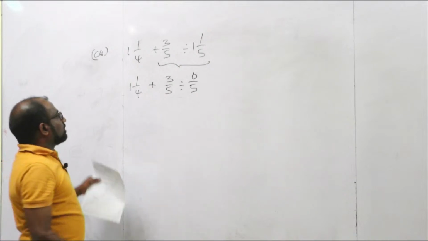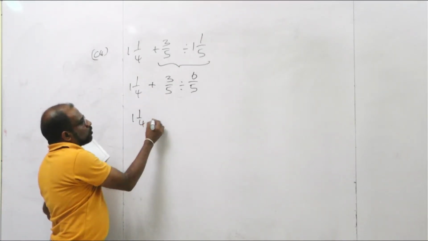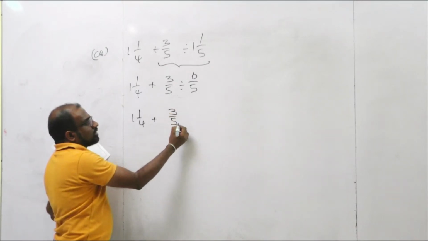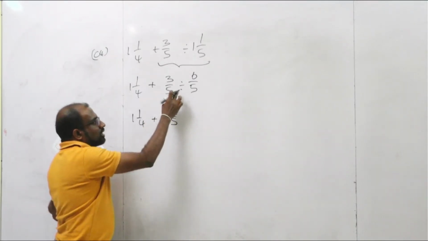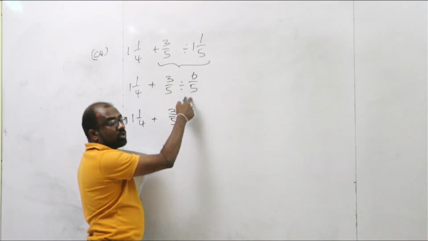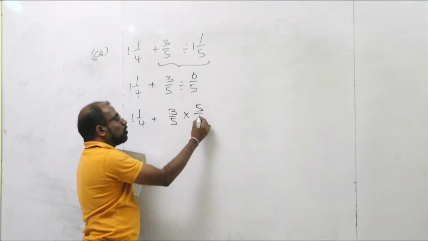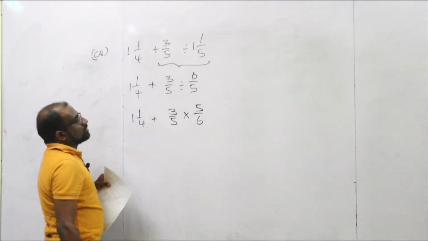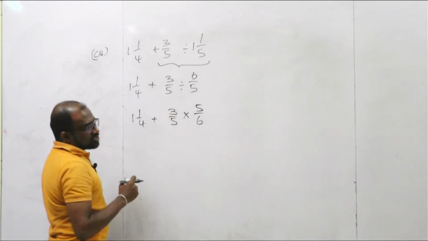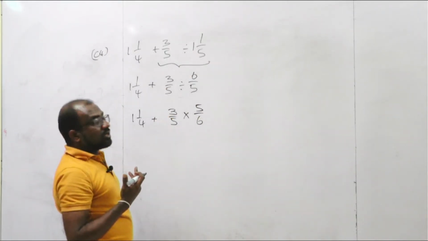Right. What do you do when you divide by fractions? First fraction doesn't change. Division becomes multiplication. 6 over 5 should be converted into its reciprocal, 5 over 6. Right? Dividing by 6 over 5 means multiplying by 5 over 6. Dividing by a fraction means multiply by its reciprocal.